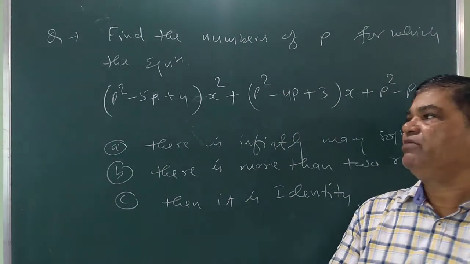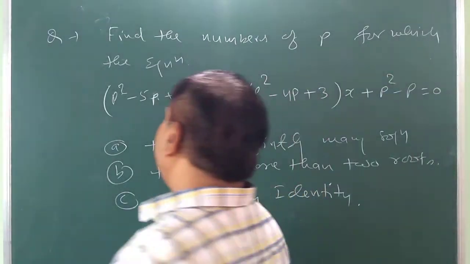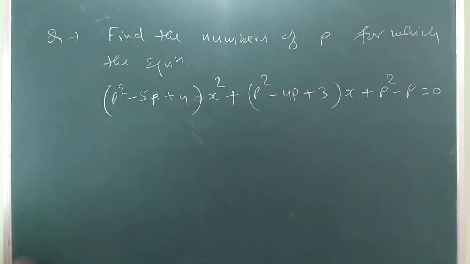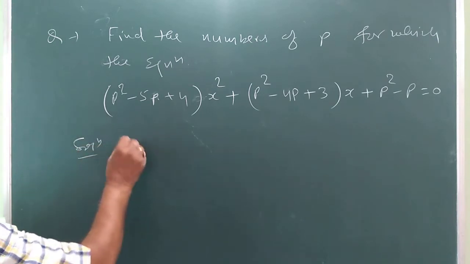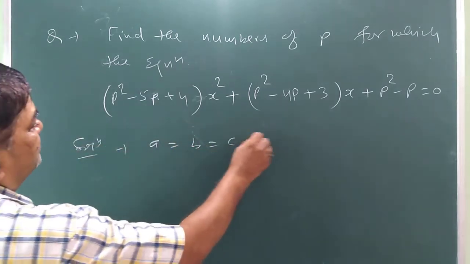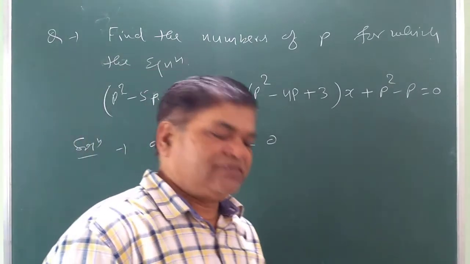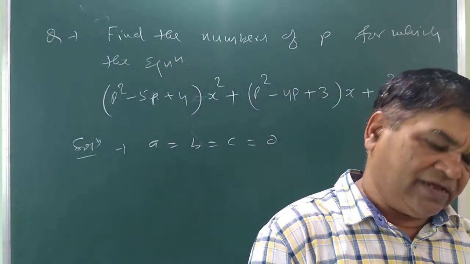And how do we sort out this question? So you know that when a is equal to b is equal to c is equal to 0, then these three terms are coming.